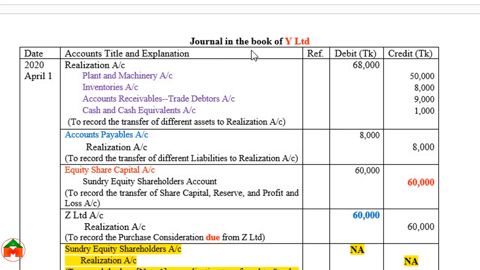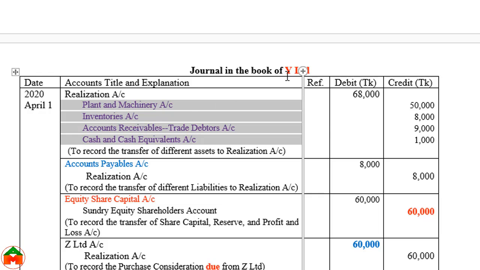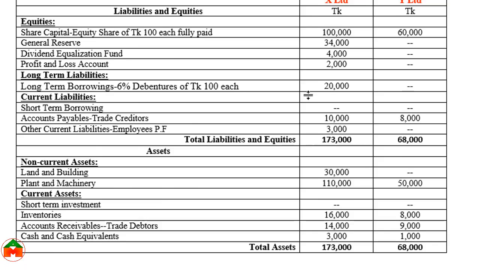These are the journal entries in the book of Y Limited. This is another company which will be liquidated. In the same process, here all the assets have been shown in the credit side because this company will be liquidated or removed or dissolved. This is the question.